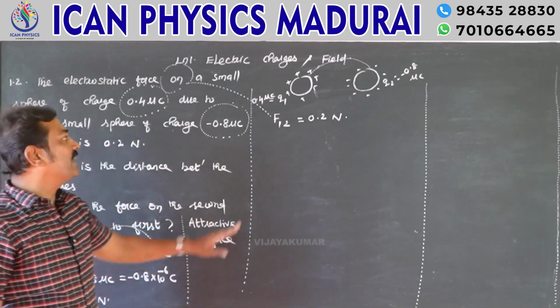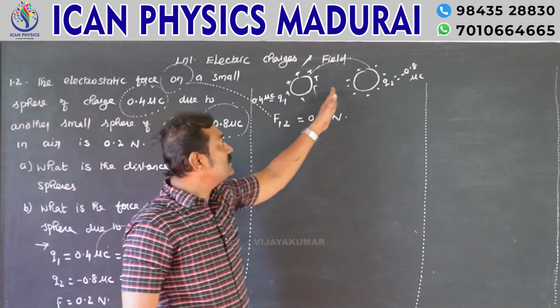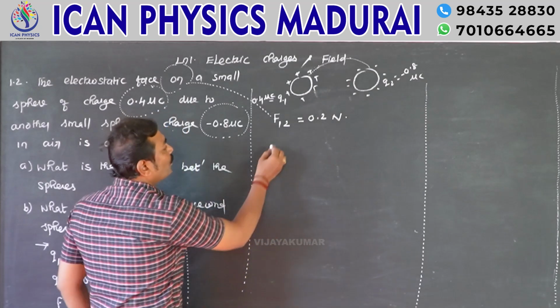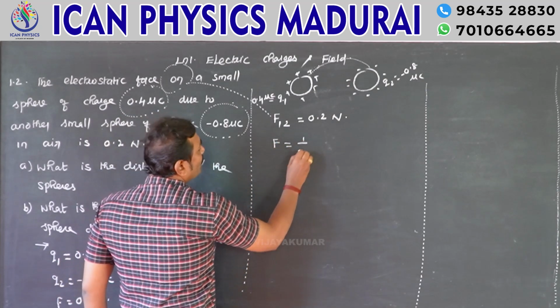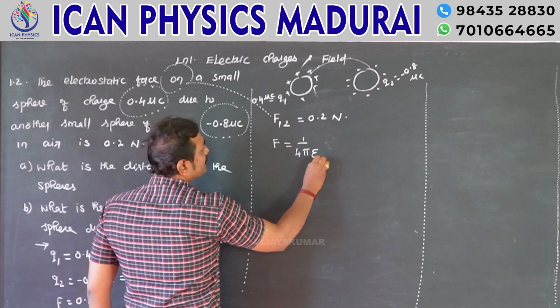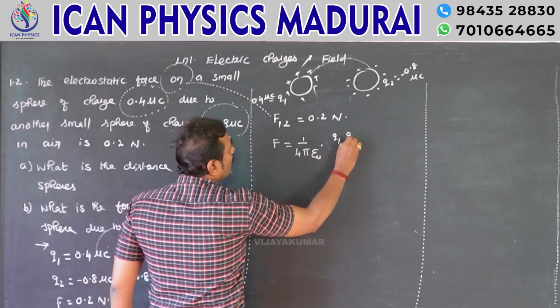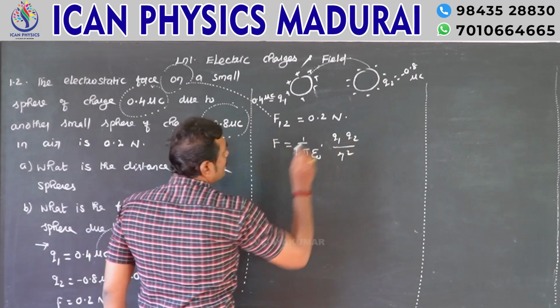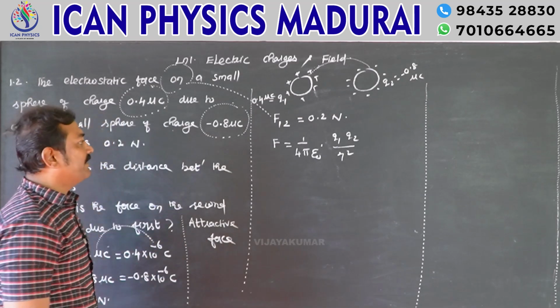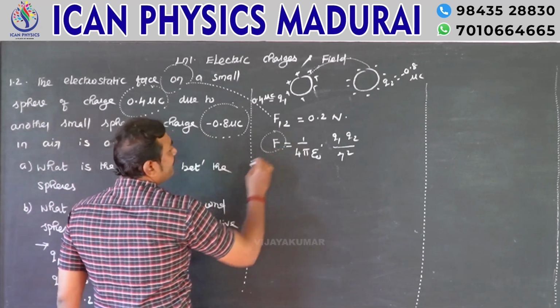Now we can relate force, charge and distance. So, how can we relate? F equals 1 by 4 pi epsilon 0, Q1 Q2 by R square. Now we can substitute the value of F. So what is the value of F?